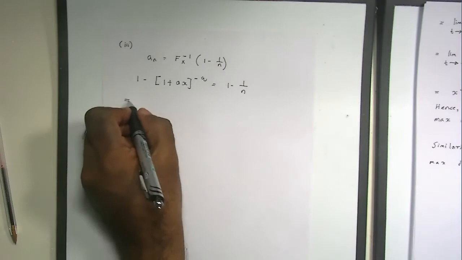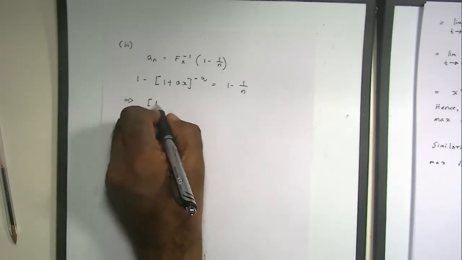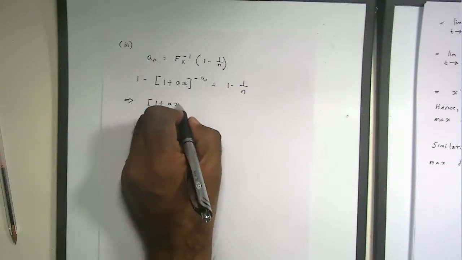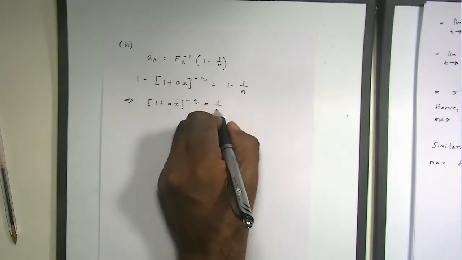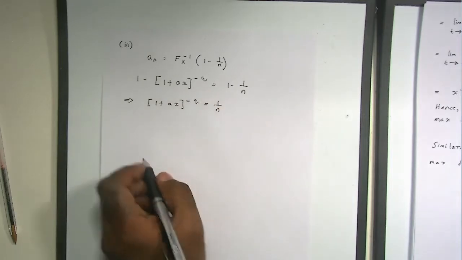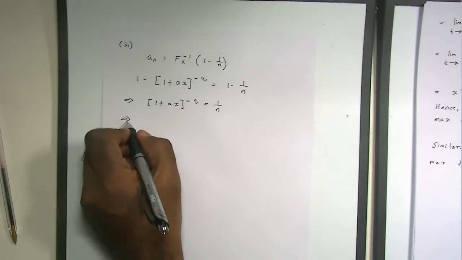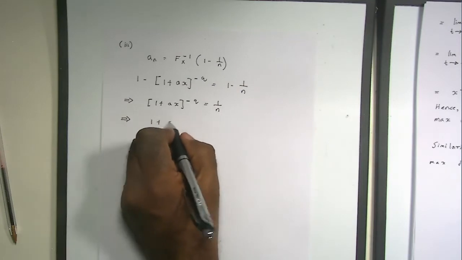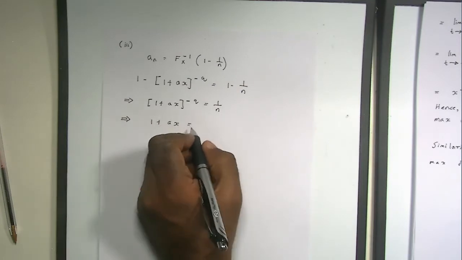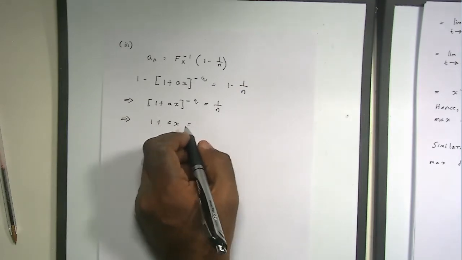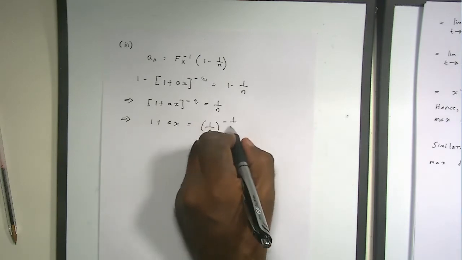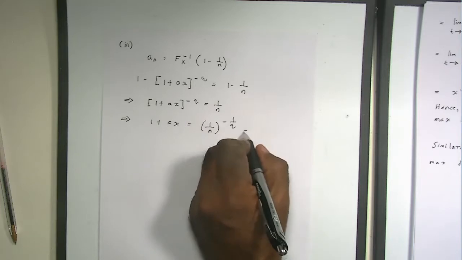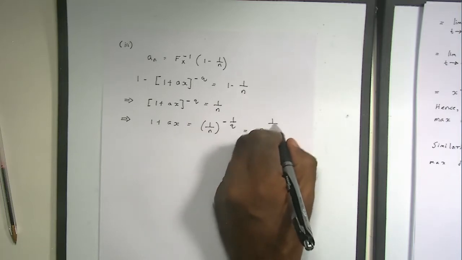So this implies that 1 plus ax is equal to n to the power 1 over q.